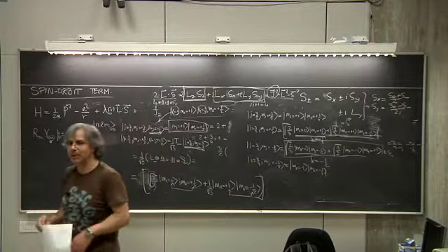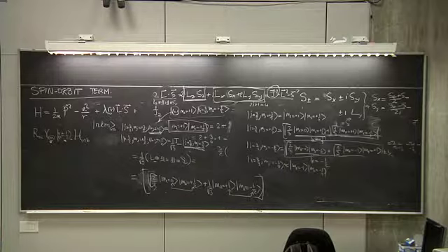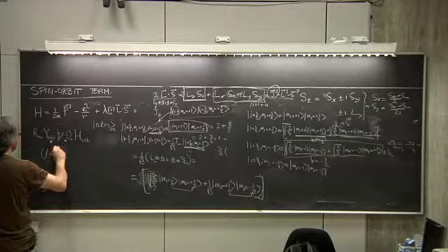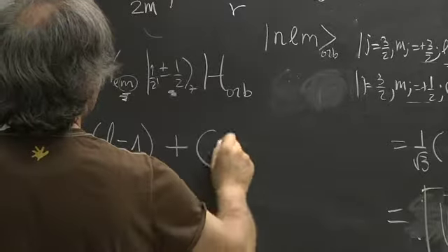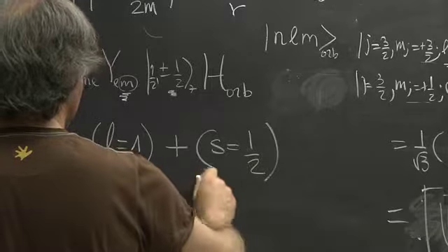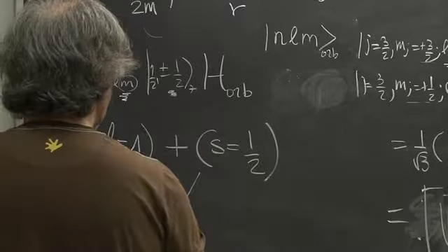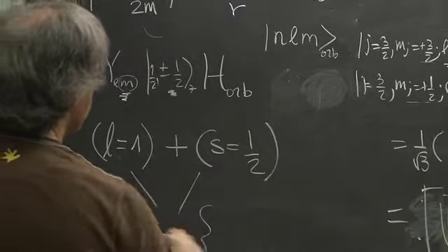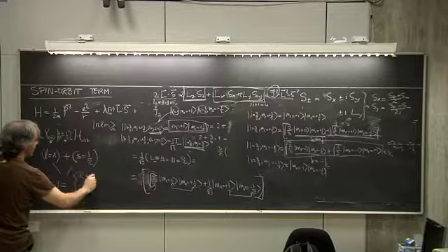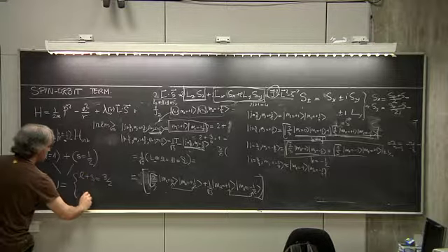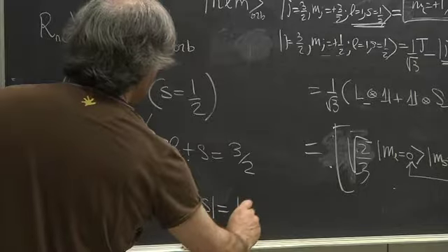And this is a chapter of this theory, which is addition of angular momentum. The theory tells you that if you sum an angular momentum, in this case L equal 1, plus a spin, in this case, for instance, 1/2, then what you get out of that is a total J, which can go from the maximum that you can get, so L plus S, which is in this case 3/2, down to L minus S, which in this case is 1/2.